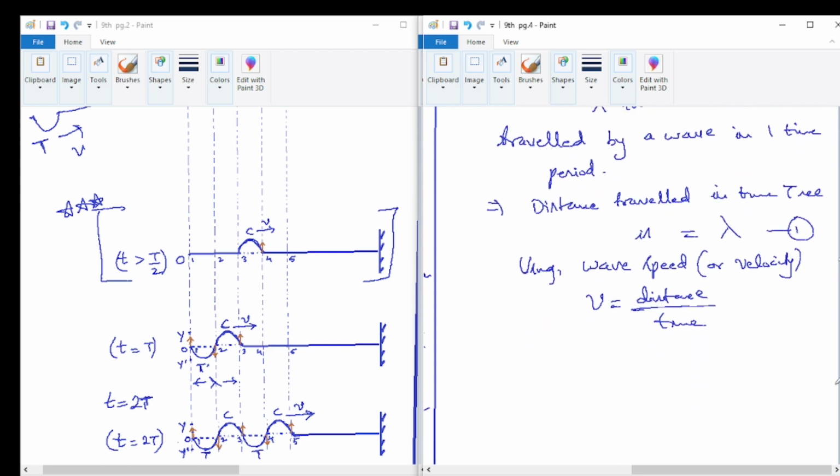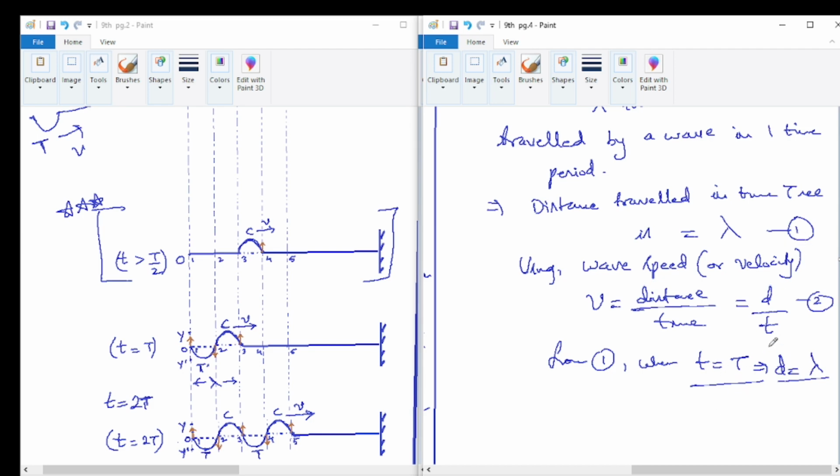So considering the regular equation for wave speed or velocity, distance by time, which can be written as d by t, now apply this in the definition. In a time equal to t seconds, what is the distance traveled? It's nothing but lambda, from equation 1. Call this equation 2.